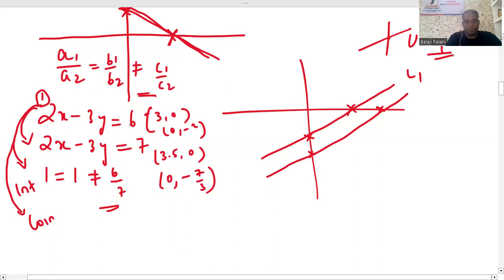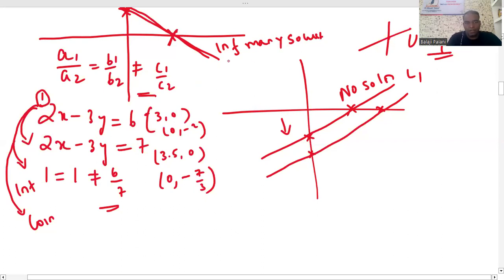Parallel lines, as I said before, will never meet. The meeting point is actually the solution. So this is the only category where there is no solution, whereas for coincident lines, there are infinitely many solutions. So if you categorize based on solutions, we can say there are three types: unique, no solution, infinitely many solutions.